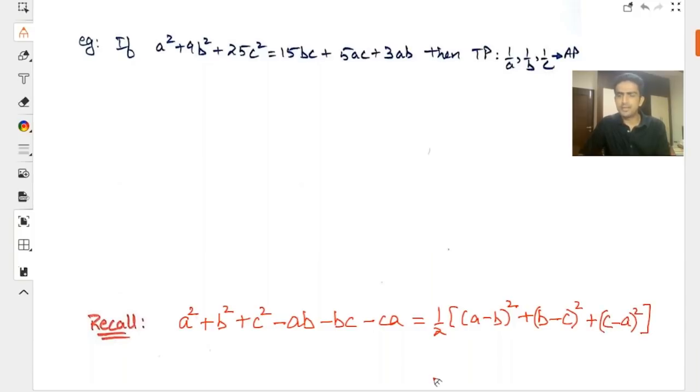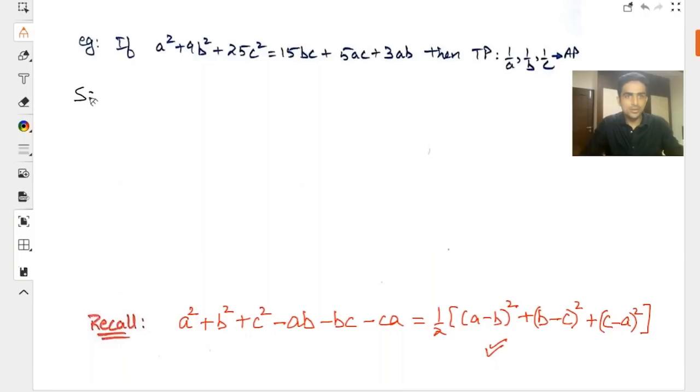This is one of the very important identities. If you already know this, very good. Otherwise, just note it down and memorize it. It is really important. You may easily verify by opening up the right-hand side. It will come out to be equal to the left-hand side.